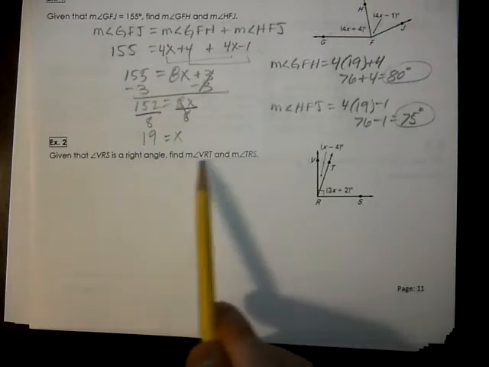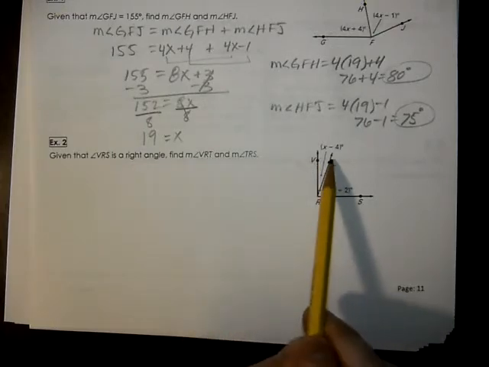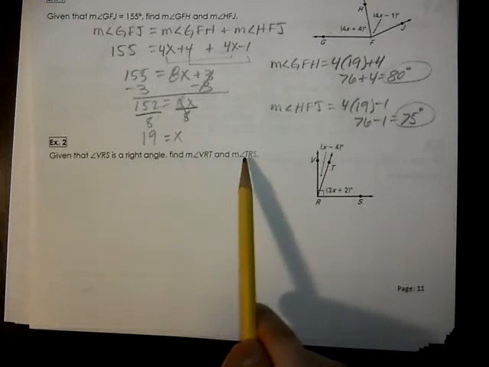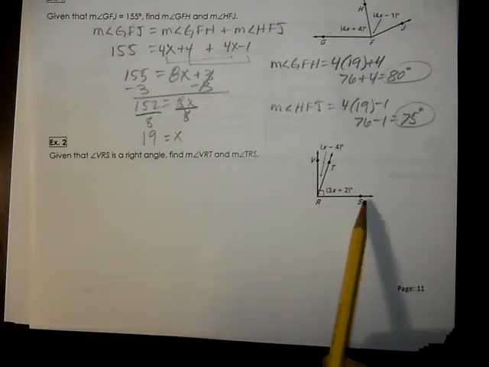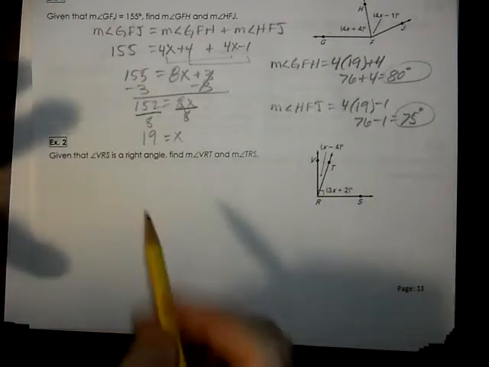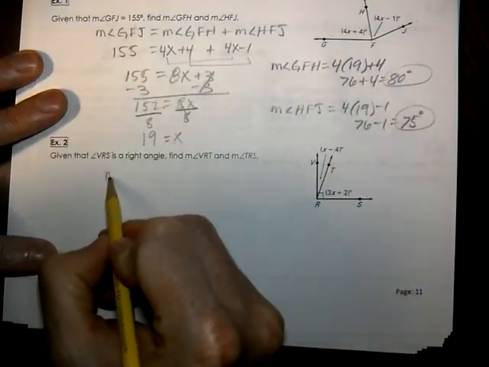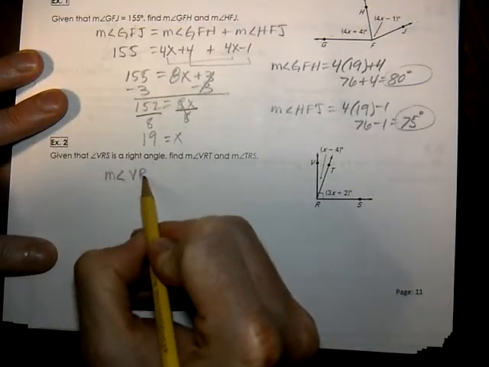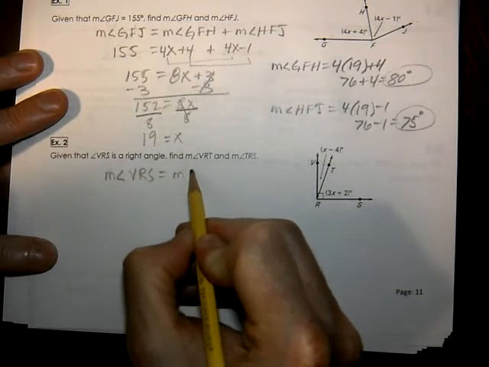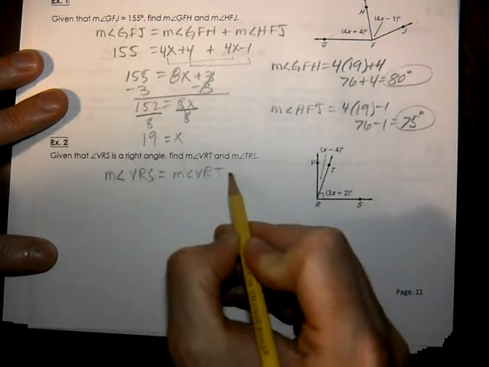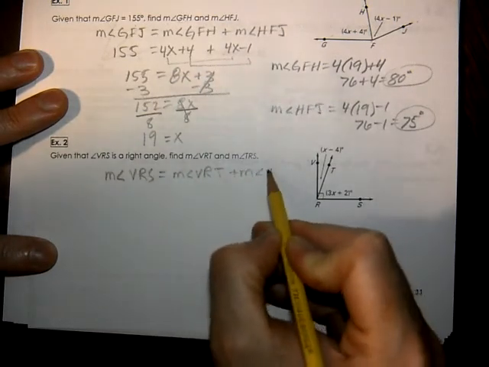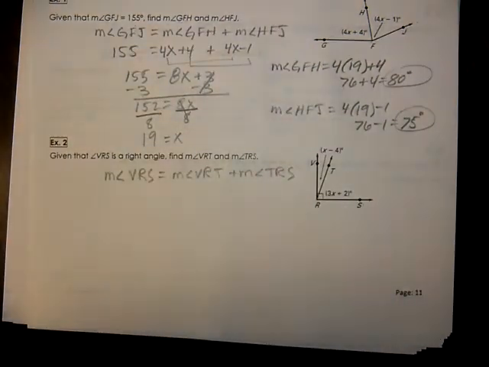Find the measurement of the smaller angles, VRT and TRS. So we're going to start out with the big angle equaling the sum of the smaller angles.